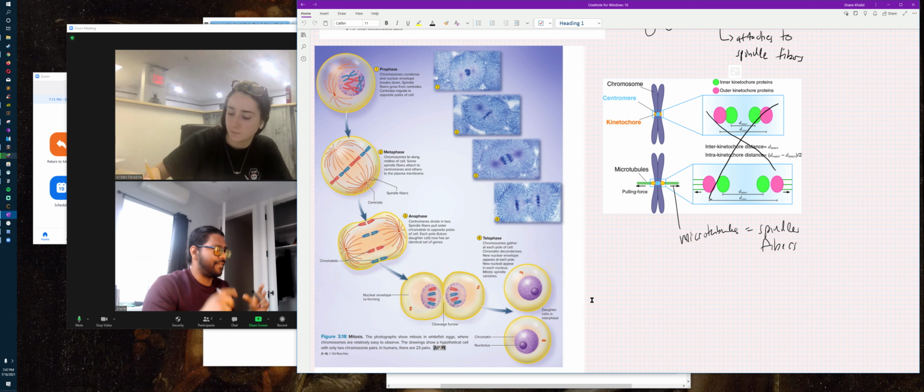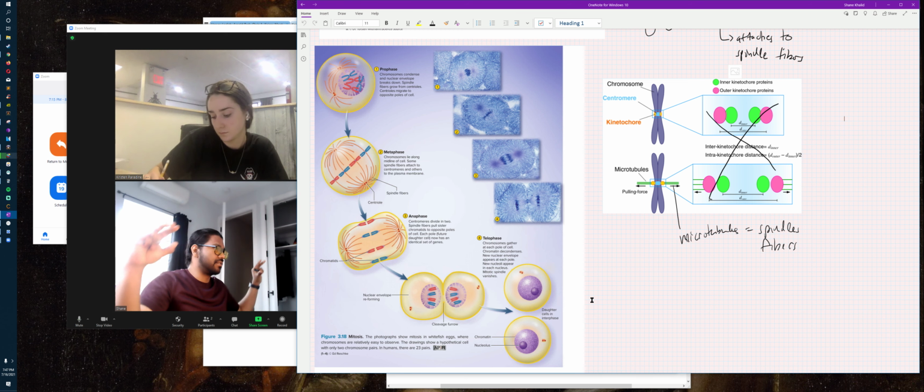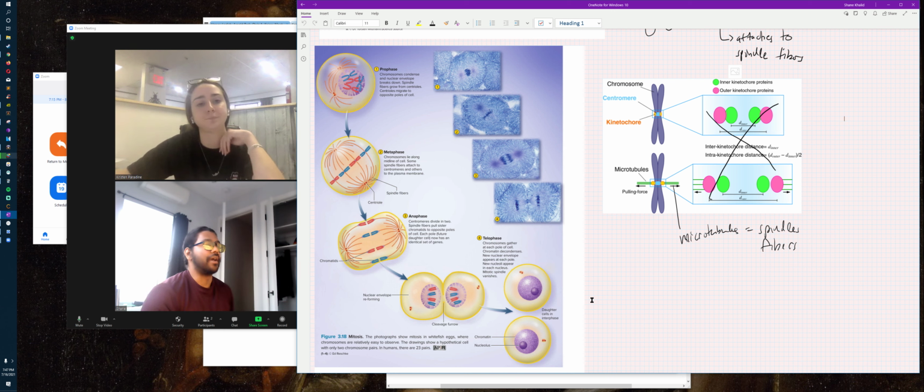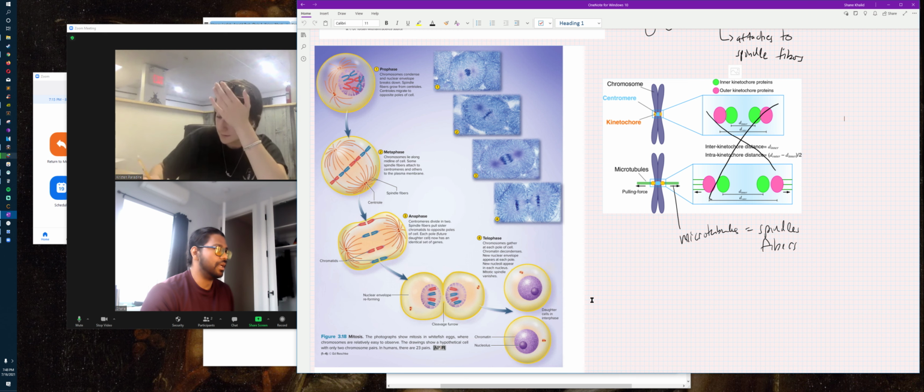And then in anaphase they work like a spindle, and they pull the fibers apart. After anaphase, the spindle apparatus has done its thing, so they can go back to being inside of the centrosome.